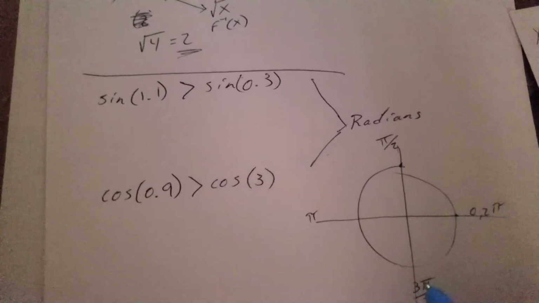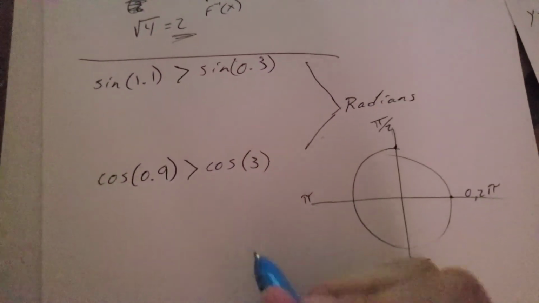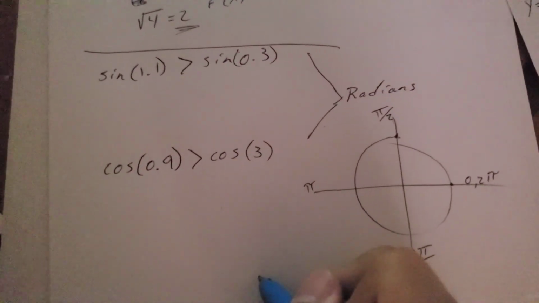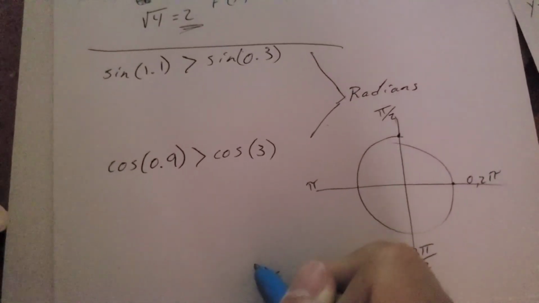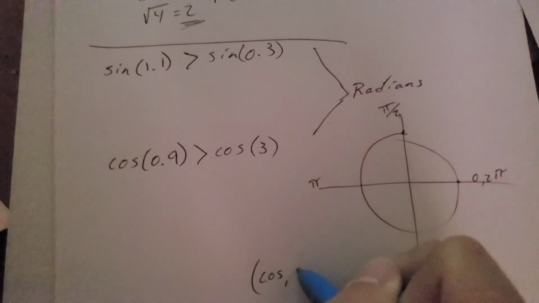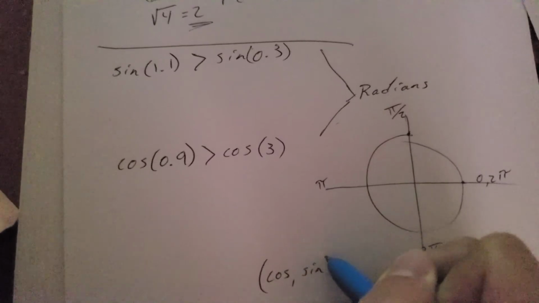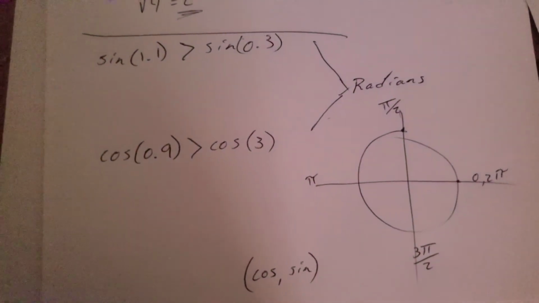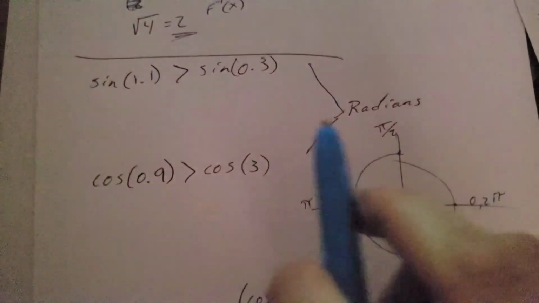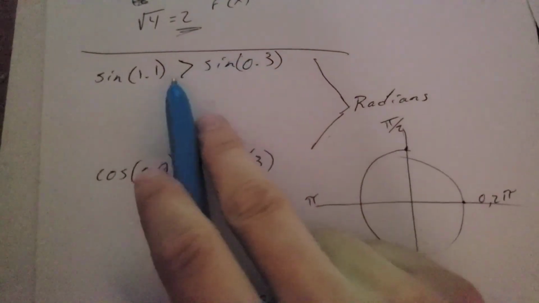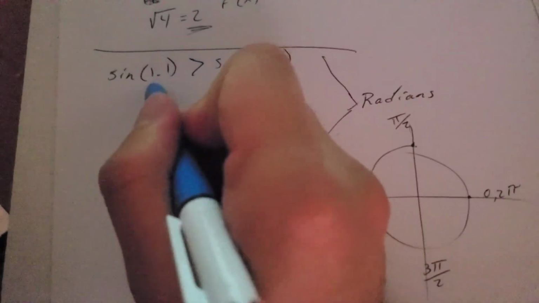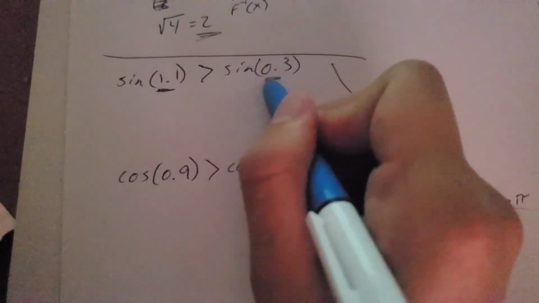Now remember that cosine is our x value, and sine is our y value. So the first one is focusing on y values.